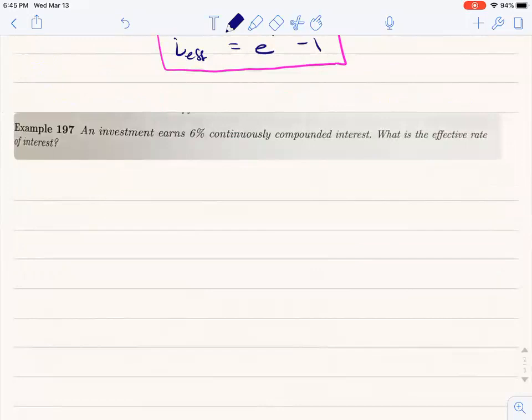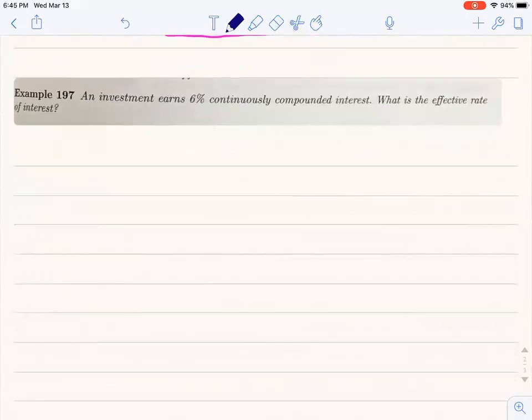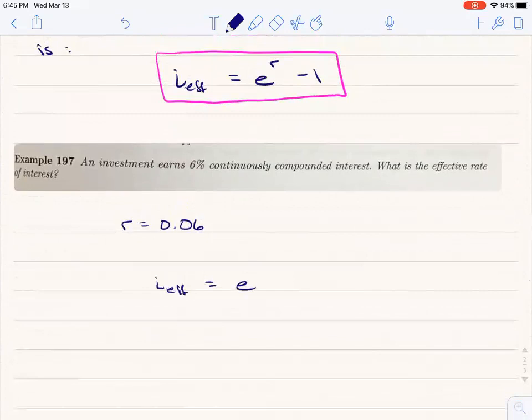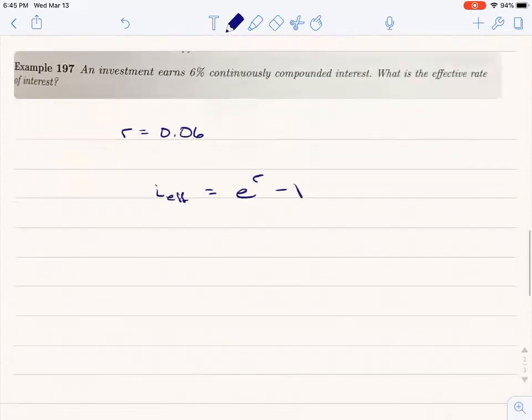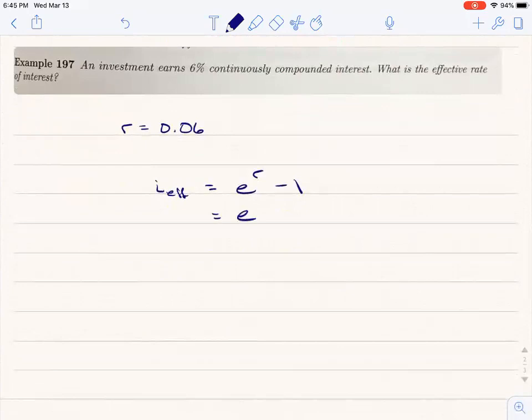What is the effective rate of interest? And so we've got r is 0.06, and the effective rate is e to the power of r minus 1. So we've just got e to the power of 0.06 minus 1.